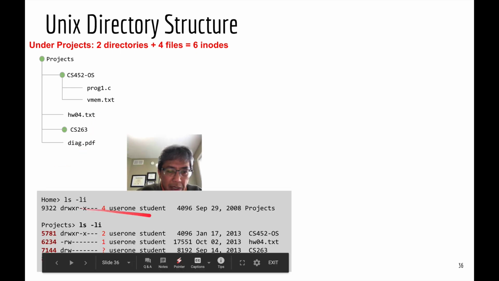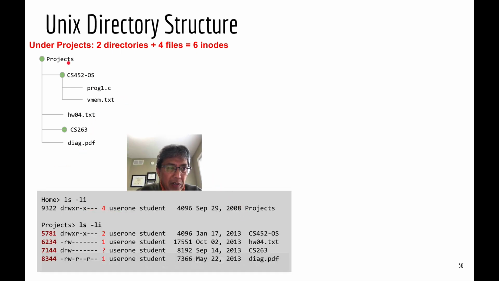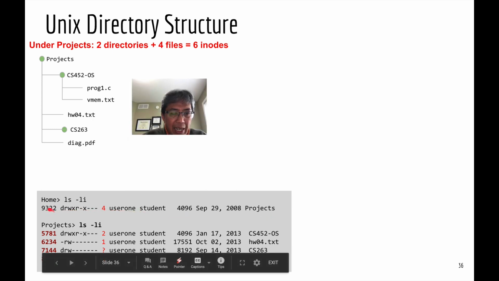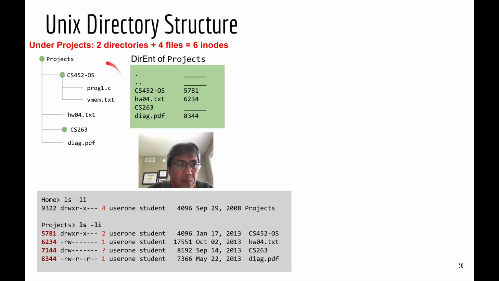So let's assume that the project subdirectory is directly under your home and you run ls -li on your home, and we have this output. So we know that the inode of the project's directory is 9322. If you focus only on the entries inside the project subdirectory, technically you should see 4 items.